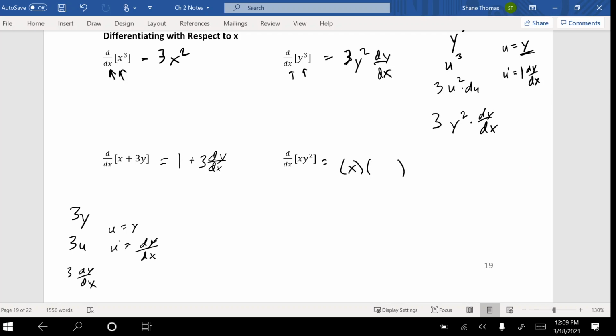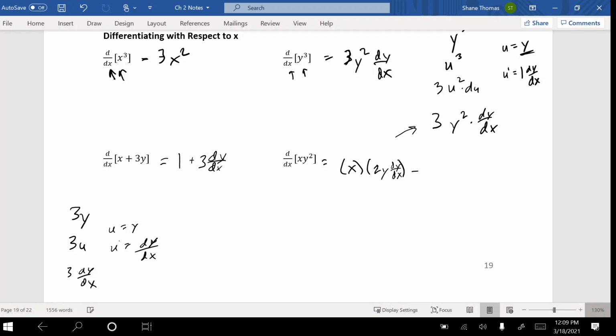Now, peek up here to this previous one. This was y cubed. We had 3y squared. So we basically applied the power rule and then tacked on a dy dx, right? So what do you think this guy's going to be? 2y dy dx.